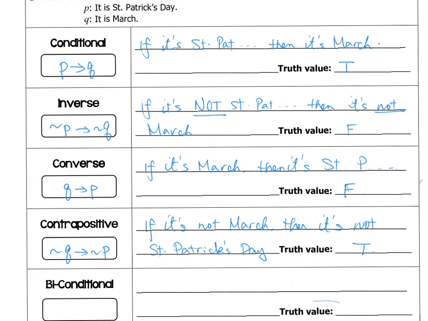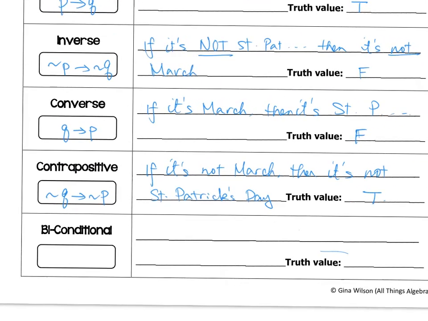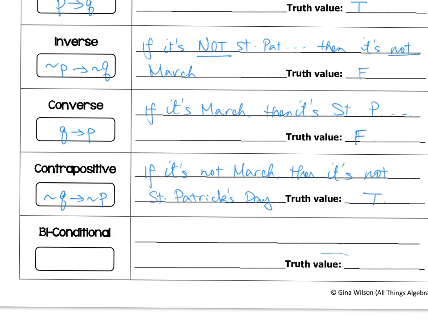Finally, my favorite is the biconditional statement. And for the biconditional statement, the key word is if and only if. So P is true if and only if Q is true.